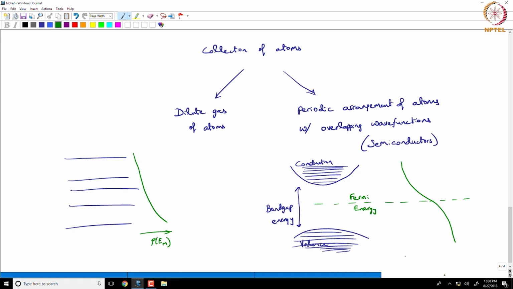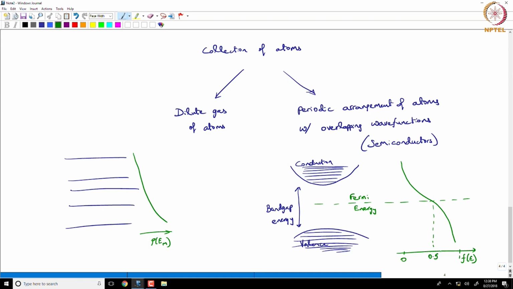If you are tracking f of E, the probability that an electron is occupying one of these energy levels, it has a value from 0 to 1 and has a value of 0.5 at the Fermi energy. That is how you define the Fermi energy.